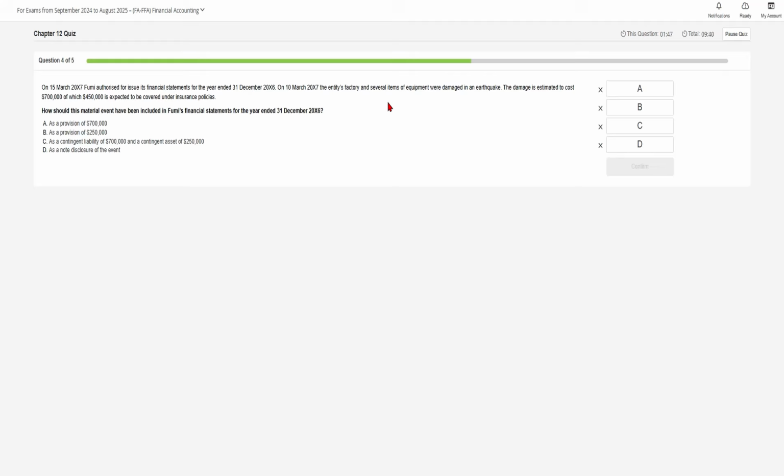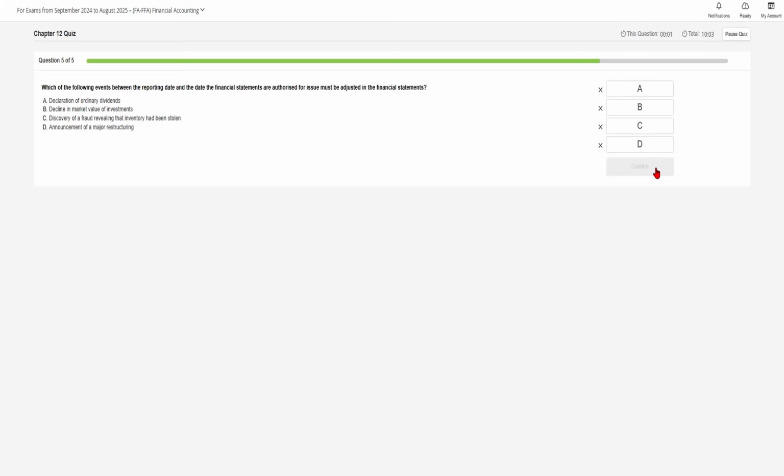But yes, the amount is material, 700,000, right? So this should be disclosed in the notes, the nature of the event and the estimate of the financial effect. Okay. That's D.